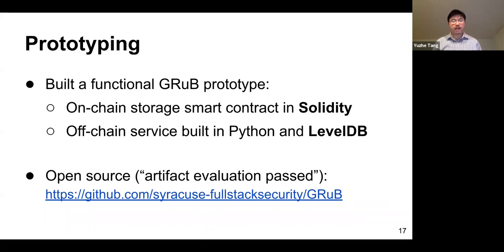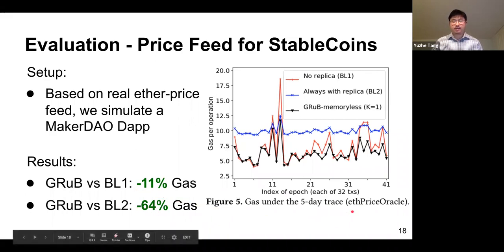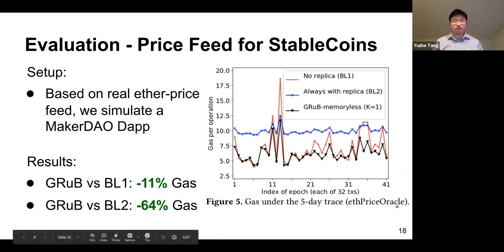We build a prototype on Ethereum and we open source our system. Our system passed the Middleware 2020 artifact evaluation. We did the cost evaluation on a real-world trace. This trace runs 5 days, and the data records are collected from the ETH price oracle.